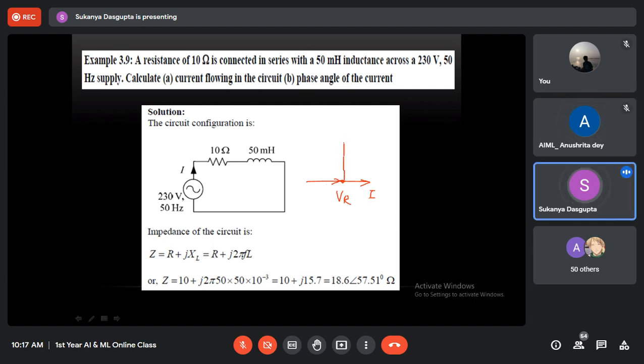VL will be just like this. And since the magnitudes of VR and I are different, that's why I have taken two arrows. Maybe they are in the same phase, there is no angular difference between VR and I, but their magnitudes differ. That's why I have considered two lines which are parallel to each other.